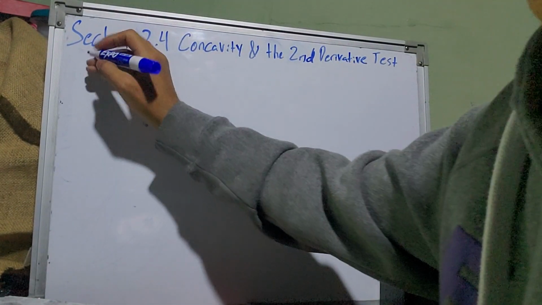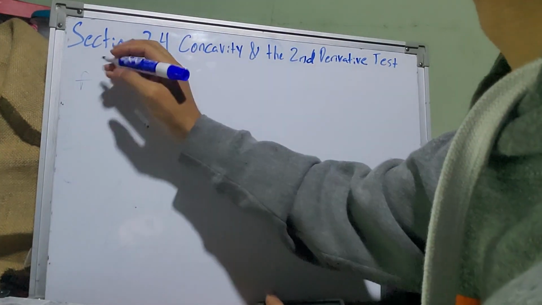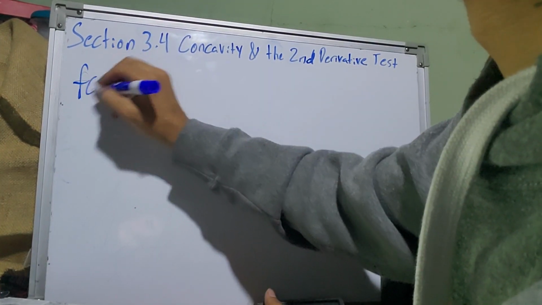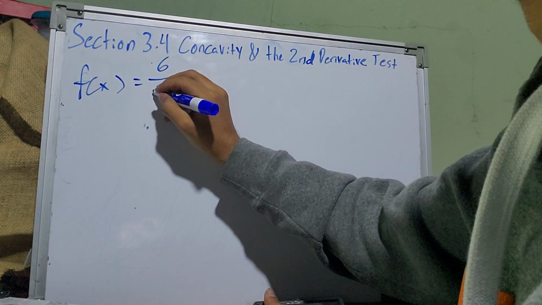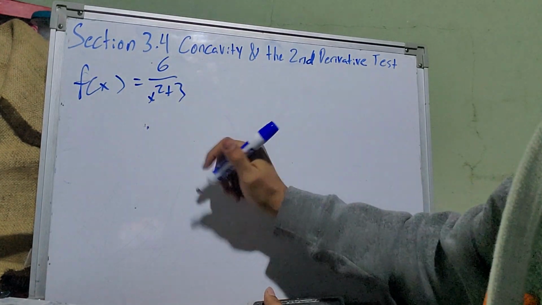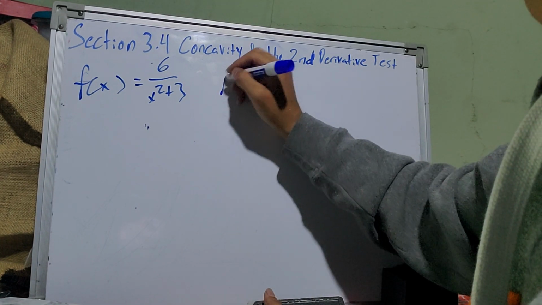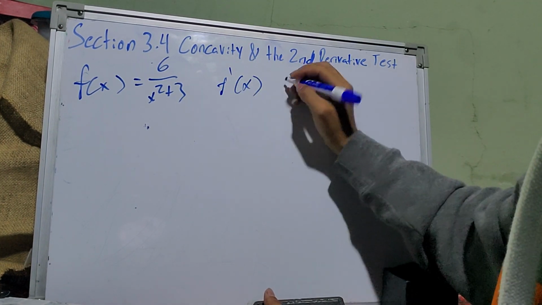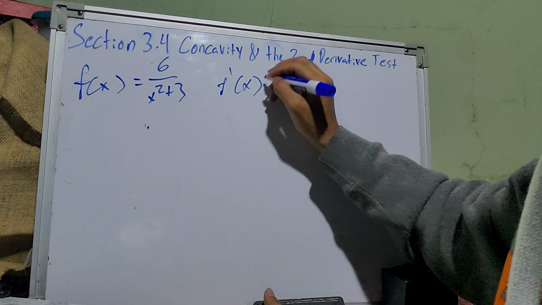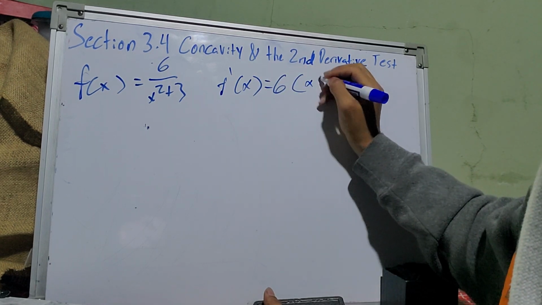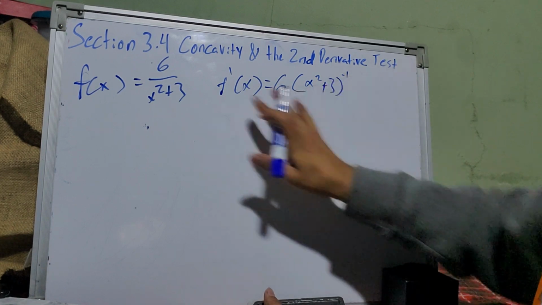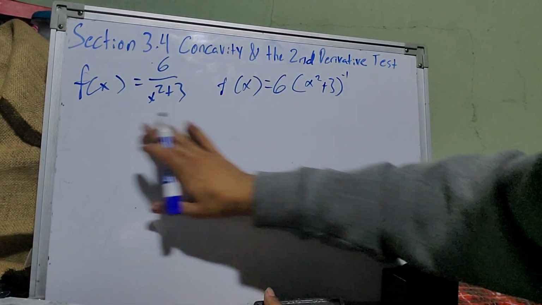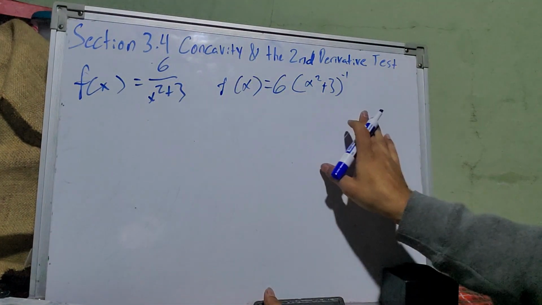We're given an example problem in the slides. f of x is equal to 6 over x squared plus 3. First step, we have to find the first derivative. We can rewrite this as 6 times x squared plus 3 to the negative 1, to simplify this in a more linear form.